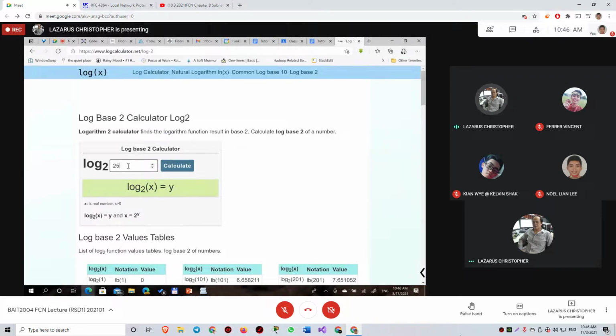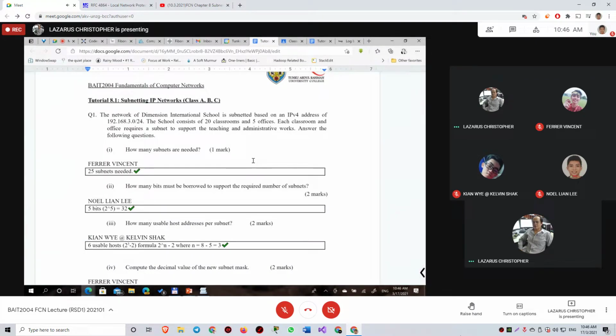You type in 25, and you get the number of bits required: 4.6, that means 5. We double check: 2 to the power 5 is 32, and 32 can cover 25. 2 to the power 4 is 16 subnets, so 16 cannot cover 25. But 32, the next available one, can cover 25. So 5 bits need to be borrowed.